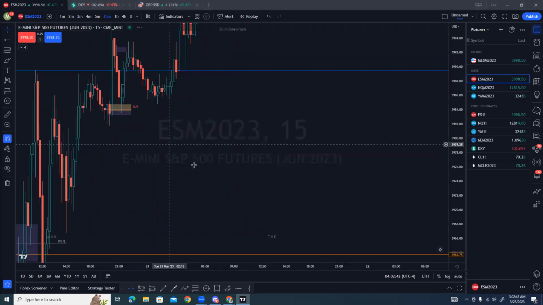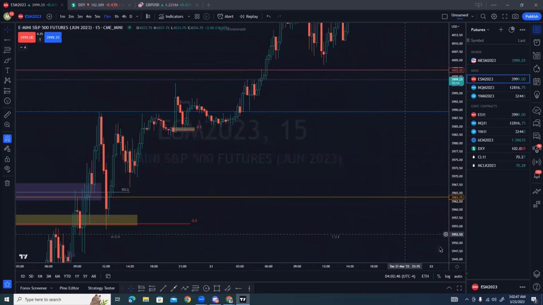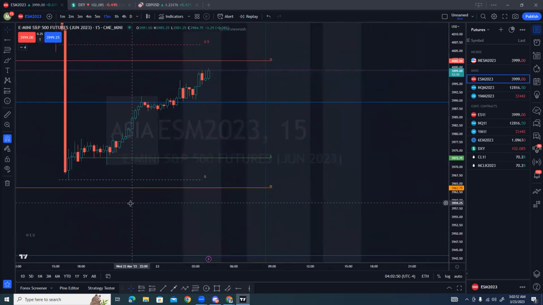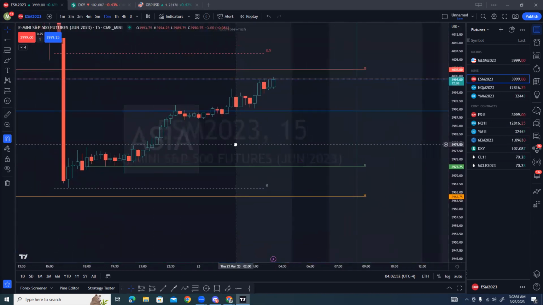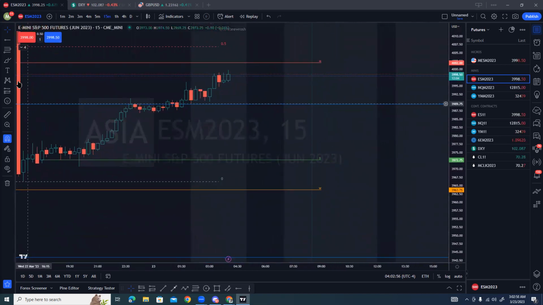Actually, let's go to a 15-minute and get all the way back to where we were. Are there any order blocks? We're not going to count this huge red candle. Are there any order blocks in this trail right here that you would consider?